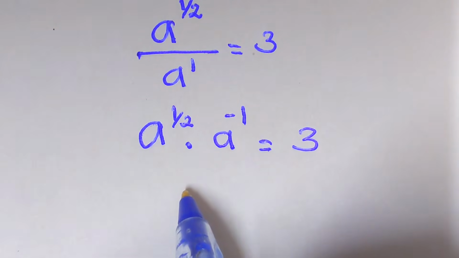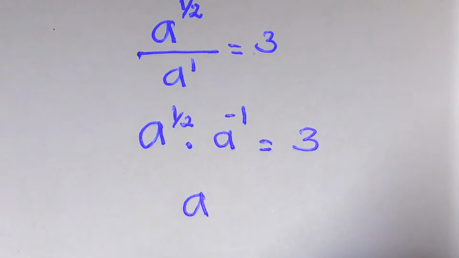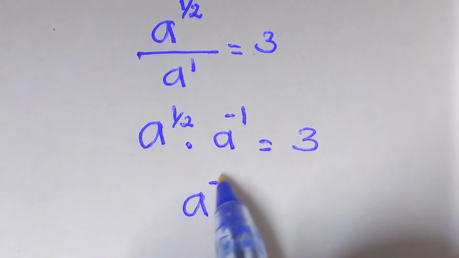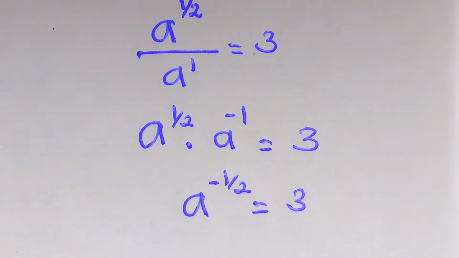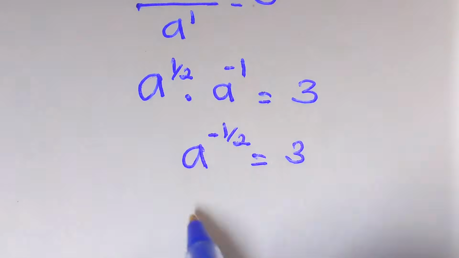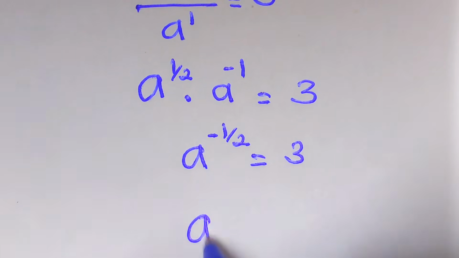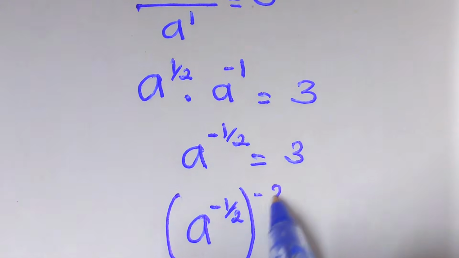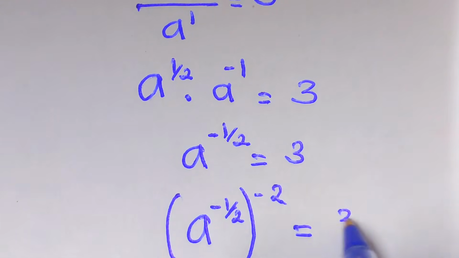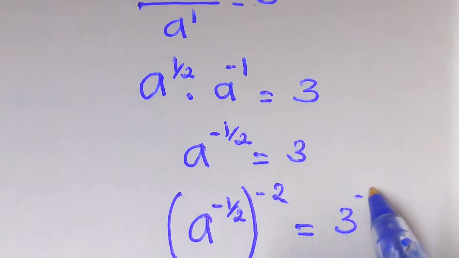So what we have right here should be a power negative 1 over 2, which equals 3. Of course, here we have a power negative 1 over 2, then raise to the power negative 2, and it will be 3 power negative 2.